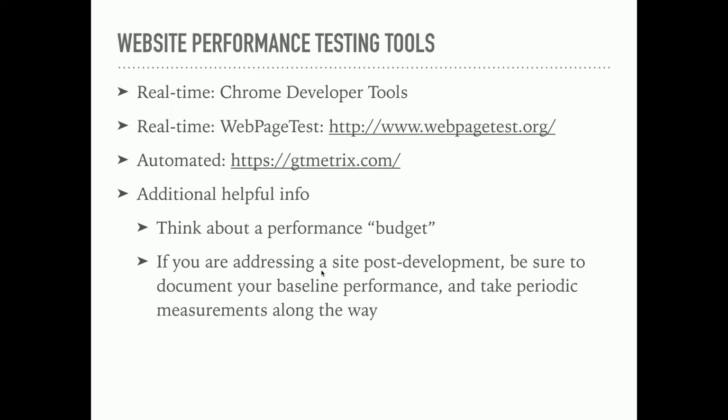And I've mentioned this a little bit, but when you're developing a site, it's really helpful if you think about what a lot of people are calling a performance budget. So think about what is an acceptable load time for your pages, and if you define that ahead of time, when you start edging towards that on particular pages, you can have conversations during development about, is this the best way of developing the page?